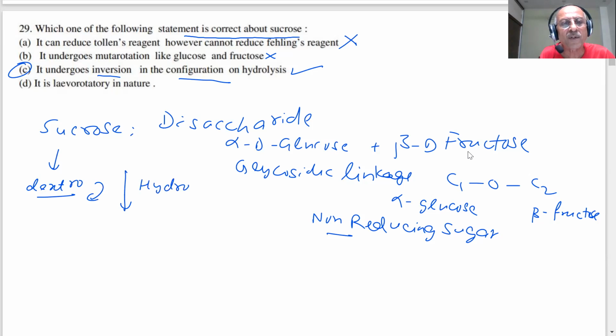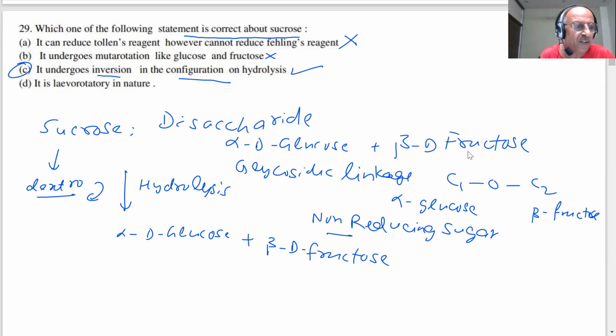You know, there are two products formed. You get alpha D glucose and beta D fructose on hydrolysis, and this has a specific rotation of plus 52.4 degree, and this is minus 92.4 degree.